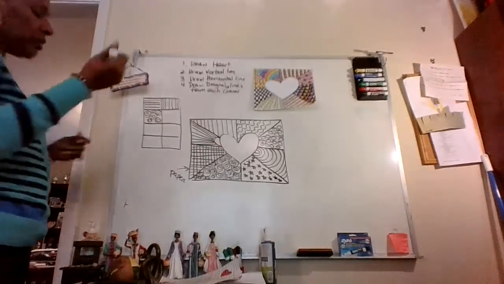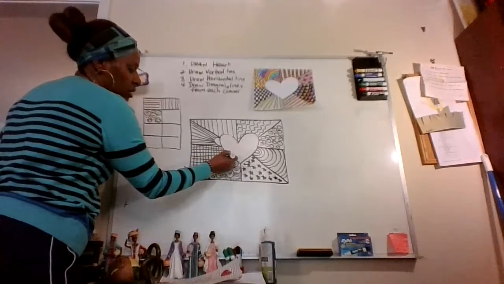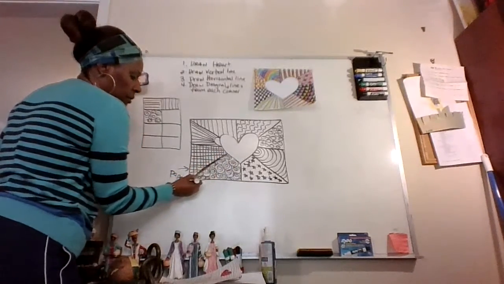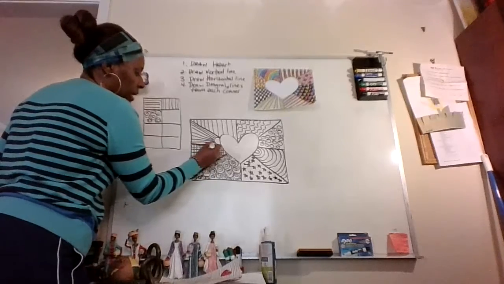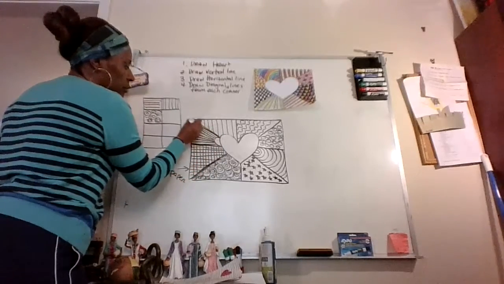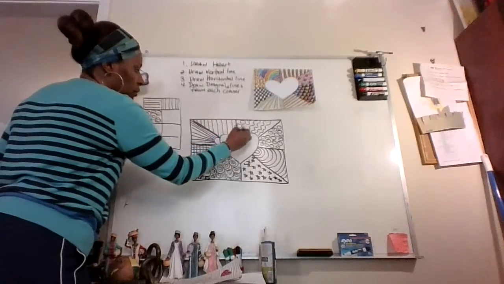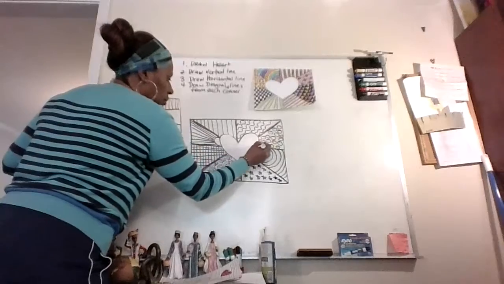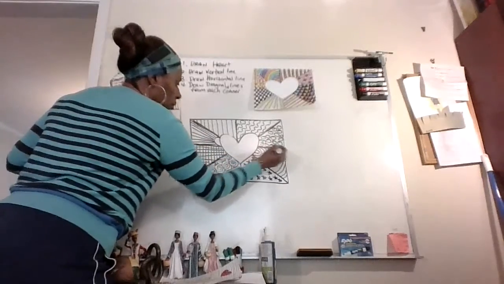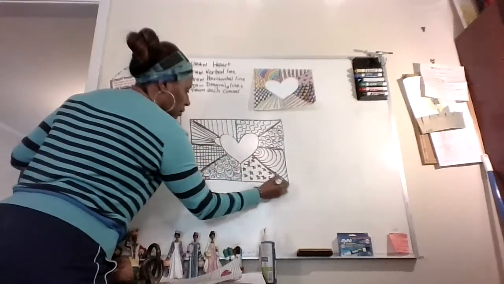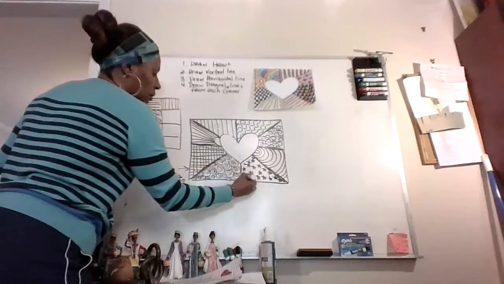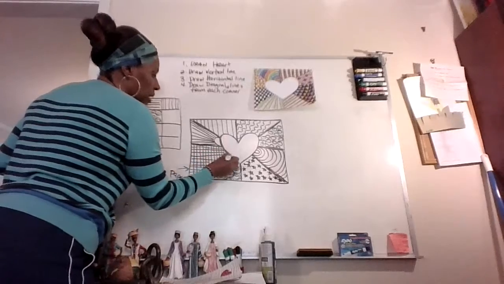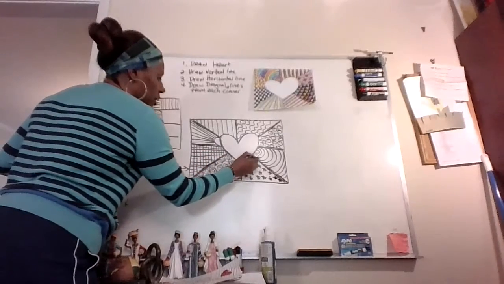So what I could do, I could come in and make my lines a little bit darker to separate my sections. And I could even trace around my heart a little bit darker just to make it stand out more.